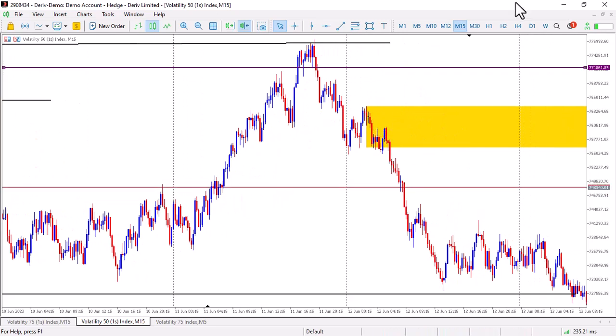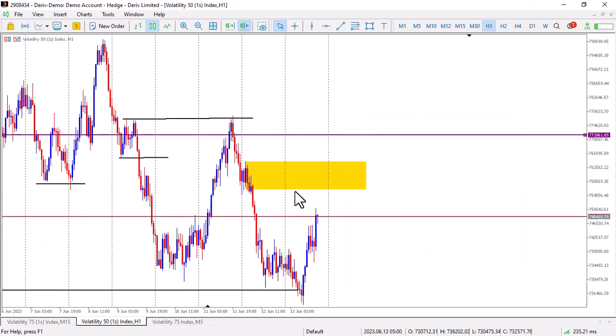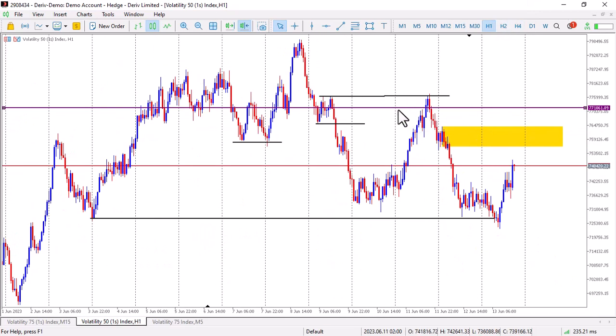So there are two things that I considered. If you go to the H1 here, you clearly see that price retested this order block, right? Let's just mark it so that you guys can clearly see what we are talking about. I marked this order block, right? And I couldn't get a trade here. Why? Because I wasn't on my chart.